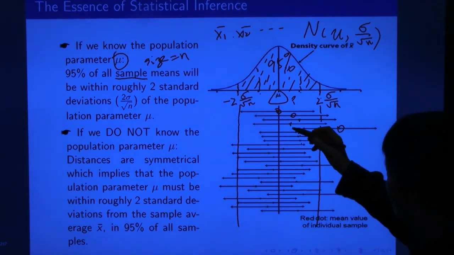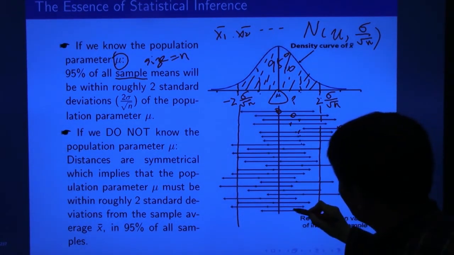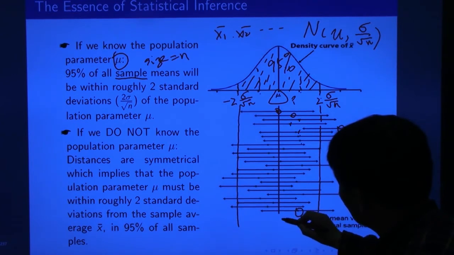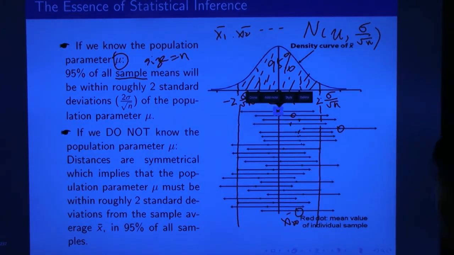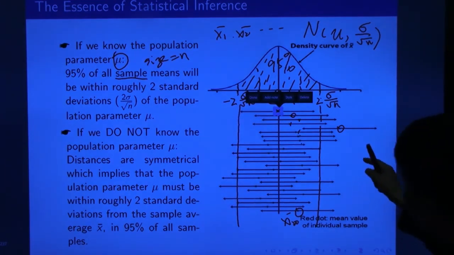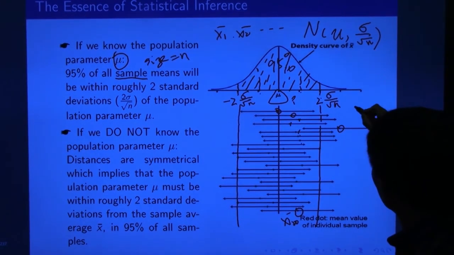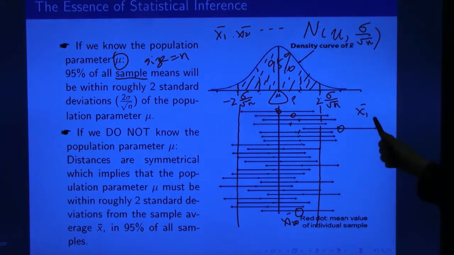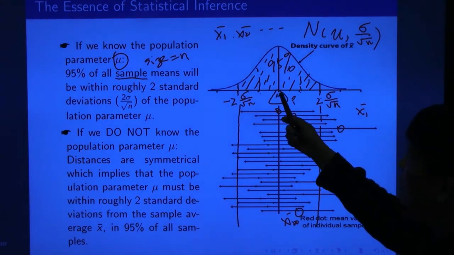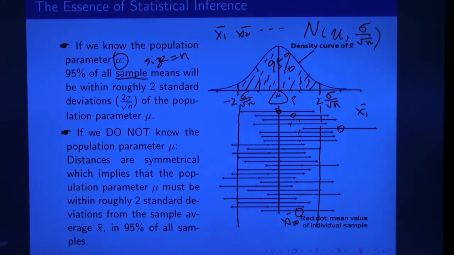Suppose we get only one, for example this one, x20 bar, or any one, x1 bar. Once we get this x1 bar only, suppose we have only one sample, how do we infer this mu? That is the question of inference, or this is actually the essence of statistical inference.